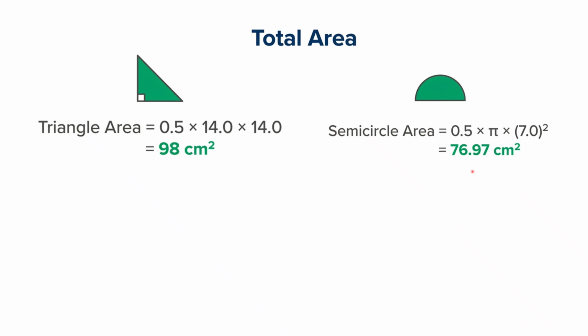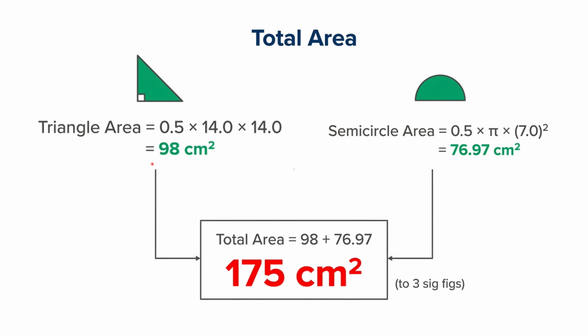So the total area for the given composite shape is 98 plus 76.97, and the final area is 175 centimeter square, to 3 significant figures.